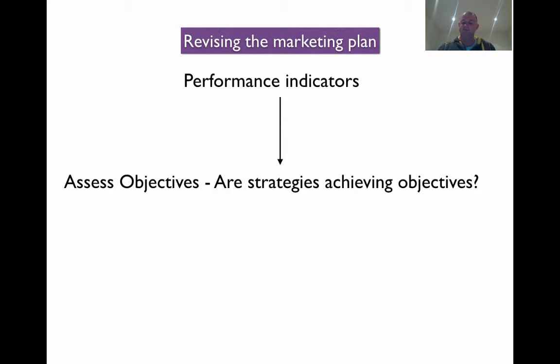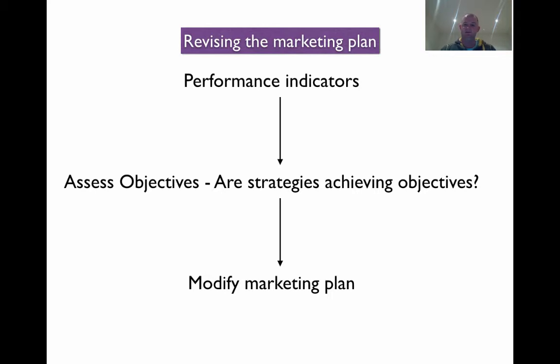We've put into place some strategies, and we've got some key performance indicators to assess whether or not those strategies have been effective. So we use those performance indicators to make an assessment of whether or not we've achieved the objectives. Obviously, if we haven't, and those strategies haven't been effective, then it would make sense that we modify the plan.